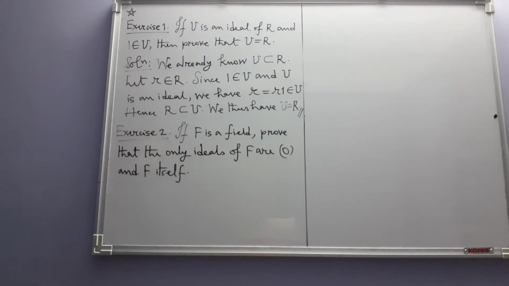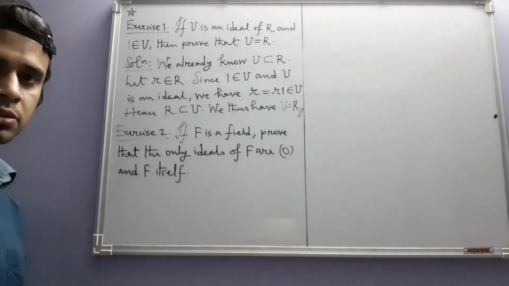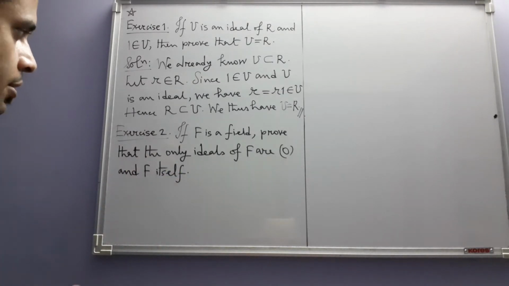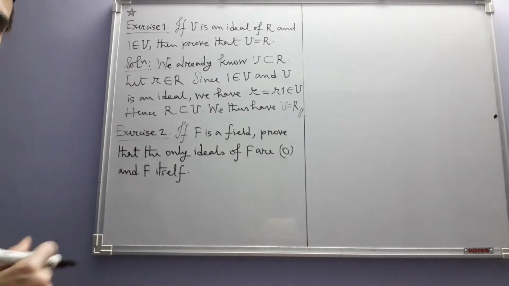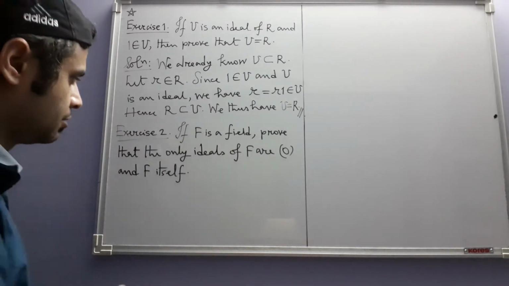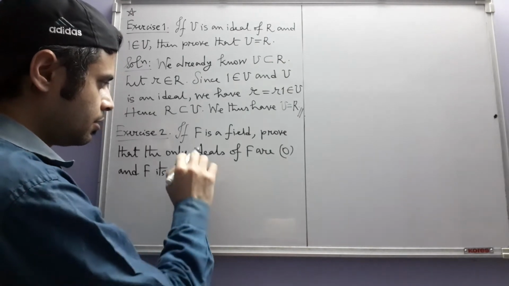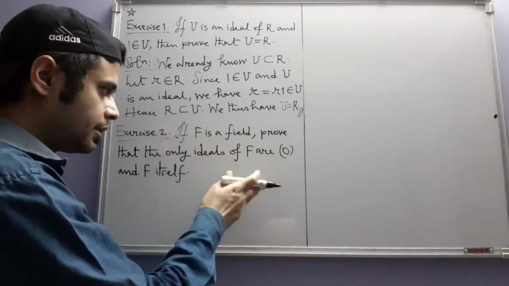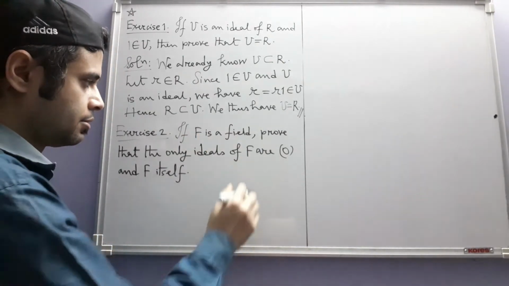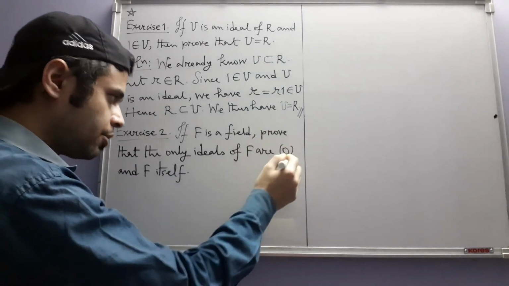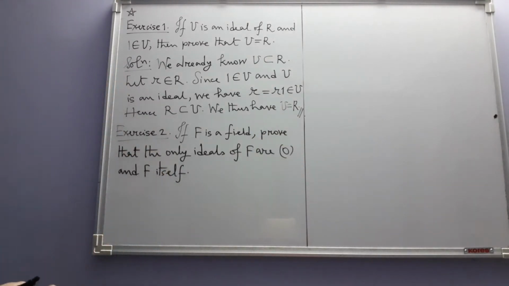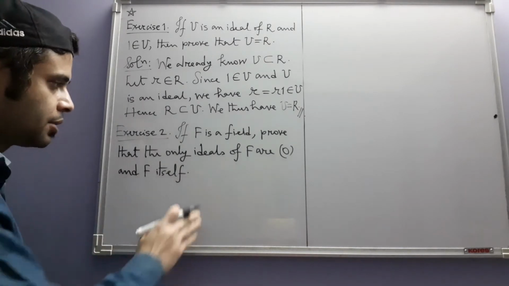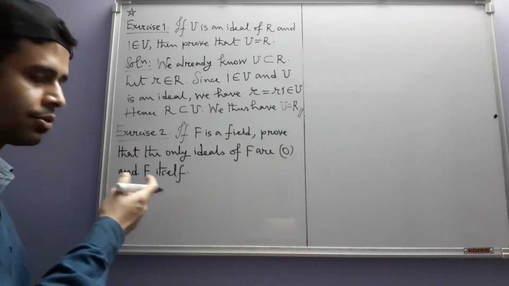That is every field, because fields are also rings, special types of rings, where the non-zero elements form an abelian group under multiplication. That's the definition of a field. So, like rings, they will also have ideals. Now, the zero ideal and the ring itself are always ideals in any ring. Apart from that, we have to show that fields have no other ideal.